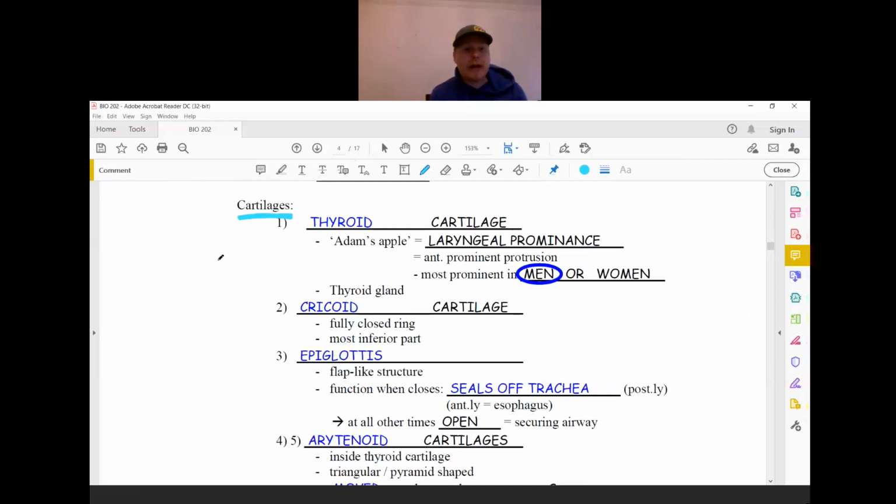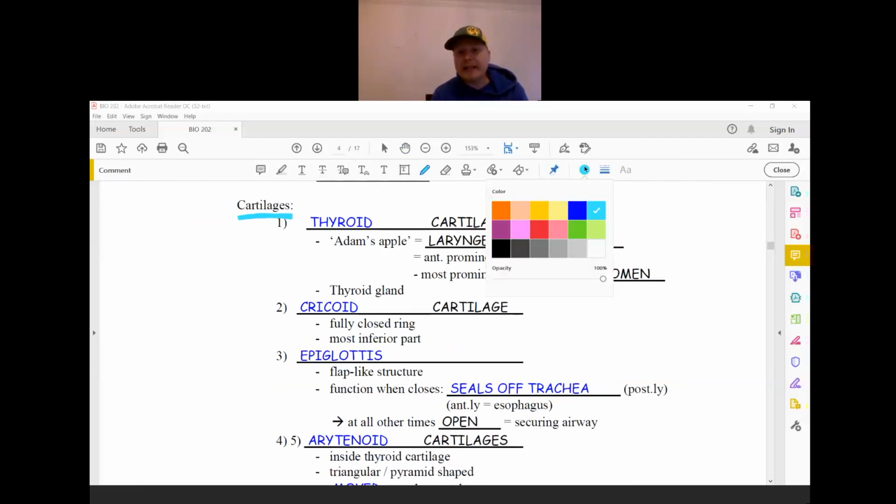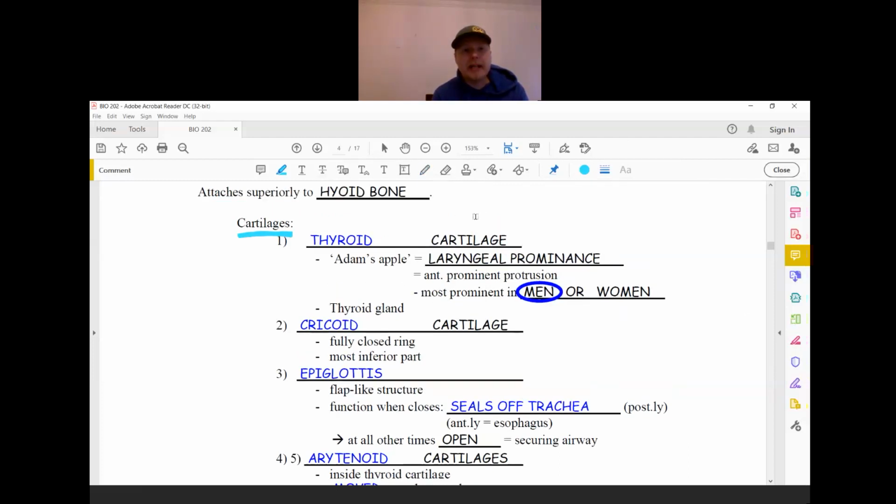Again, I'm going to draft just a little diagram. Drawing a diagram is always a little challenging, but I think we can do that together. So let's start by looking at the, we can add our hyoid bone here on our diagram.